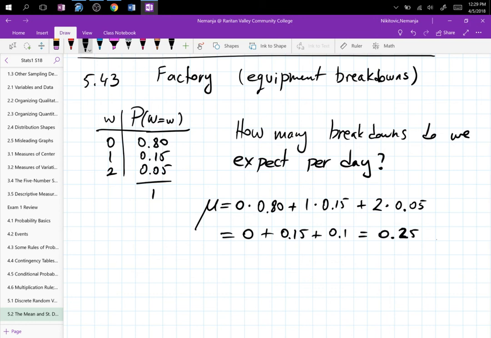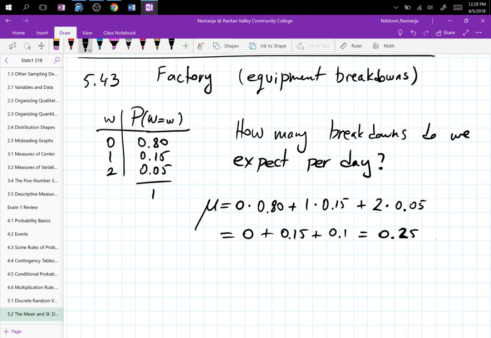So something will break in this machine, right? Or a tool or something will break every 4 days. You have to have something happen. That's the expected value. Can you go a whole week without anything breaking? Sure. This is a game of chance, guys. You can go a whole week without anything breaking.